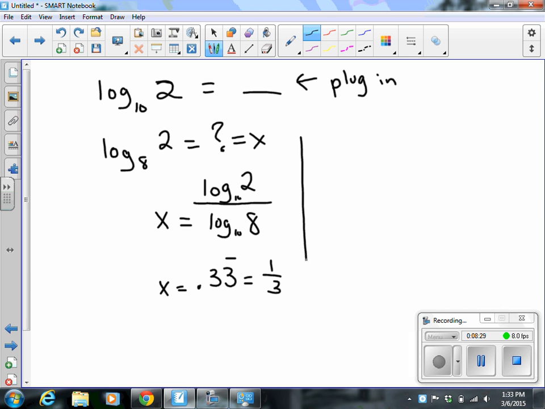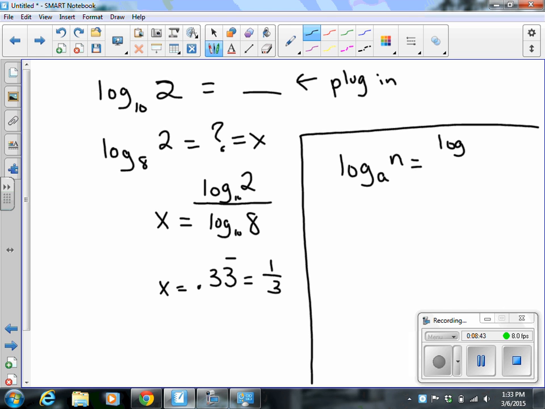So what that means is the log base a of n equals the log of n over the log of a. We'll always just use 10, so in the book it has a b there, but we'll just use 10 because we know that's what our calculator will use.